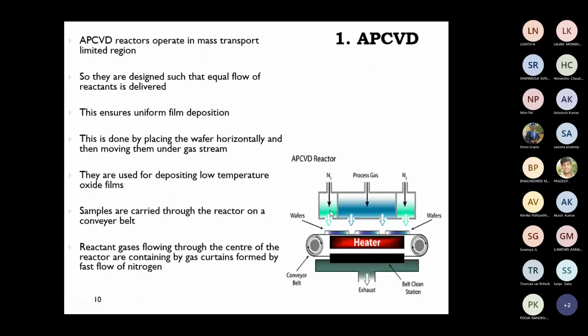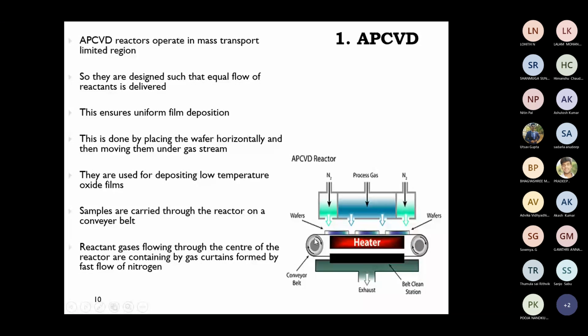So let's have a look at a few of these CVD methods, like atmospheric pressure CVD. In atmospheric pressure CVD, atmospheric pressure is maintained in the chamber, and this is the heater, and this is the conveyor belt.